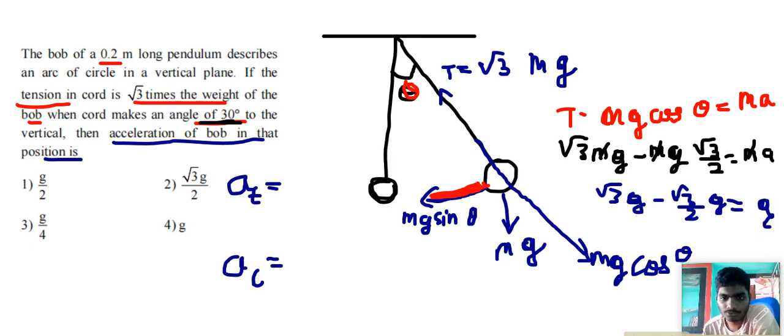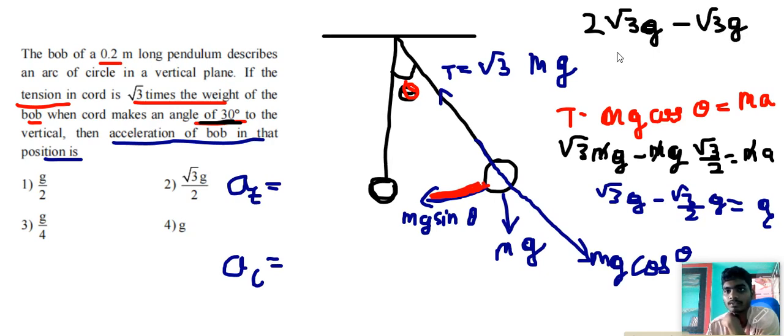So root 3 g minus root 3 by 2 g gives root 3 by 2 g, which is the centripetal acceleration.